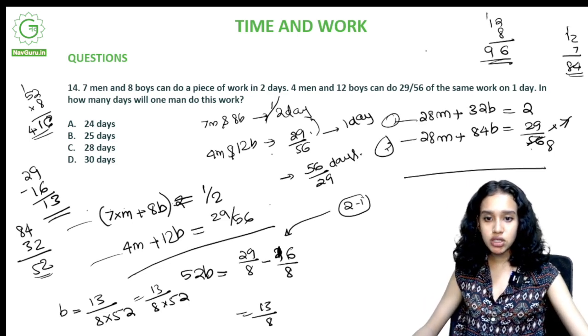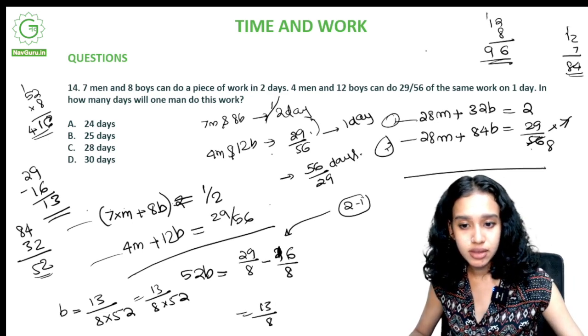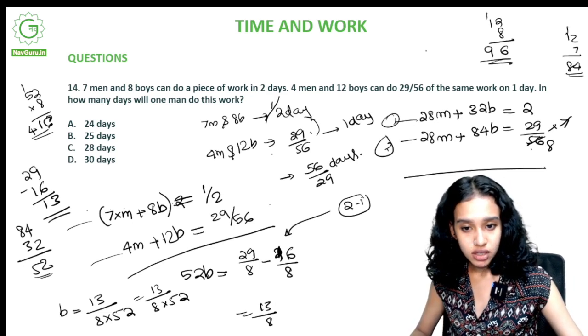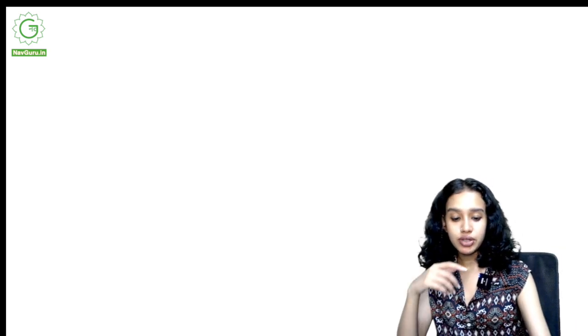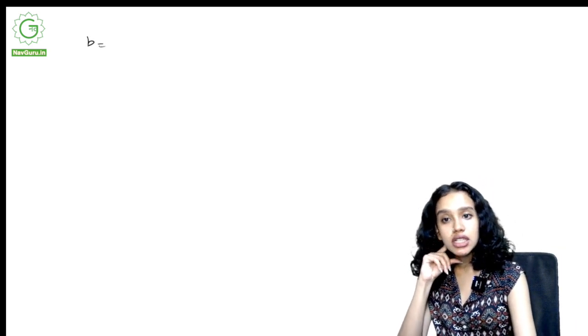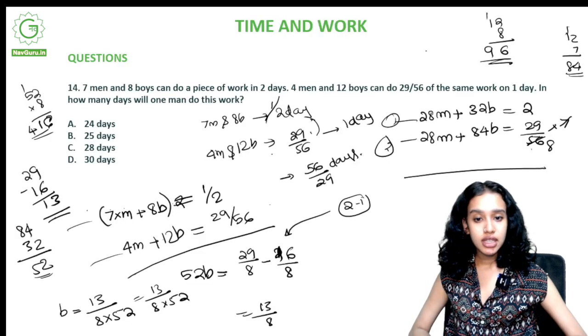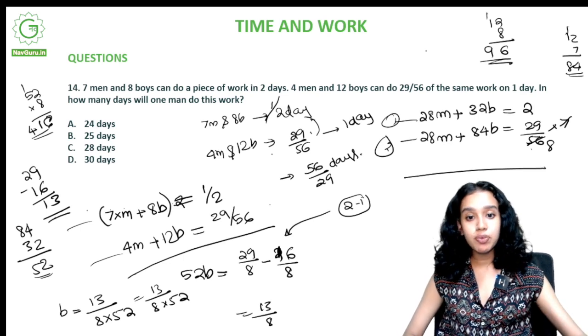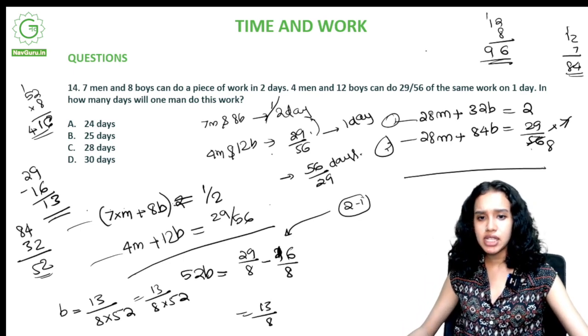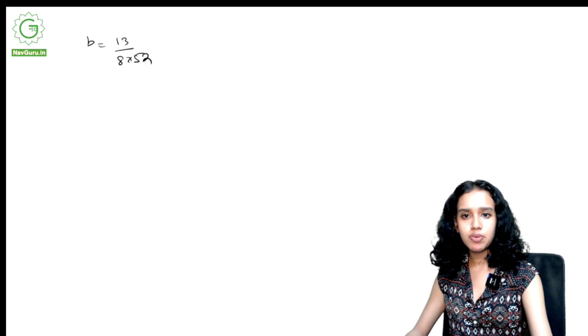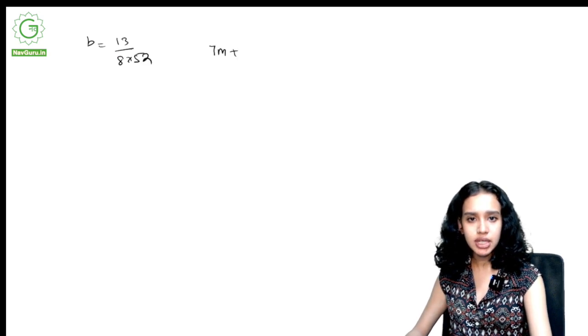Now let's substitute this in this equation here. So we have b is equal to 13 by 8 into 52, b is equal to 13 divided by 8 into 52, right? Now we have the formula that 7m plus 8b is equal to 1 by 2, 7m plus 8b equal to 1 by 2, right?